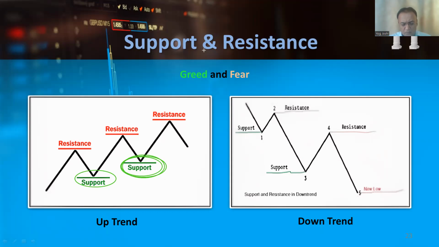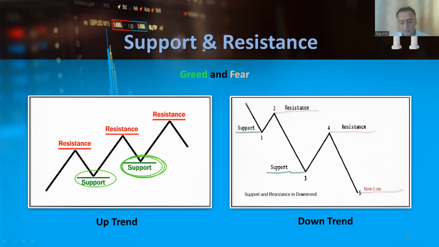I have some confidence about Reliance, some confidence about TCS, some confidence about Tesla, that this stock will not go below this price. When this thinking is shared by so many people, it creates support.